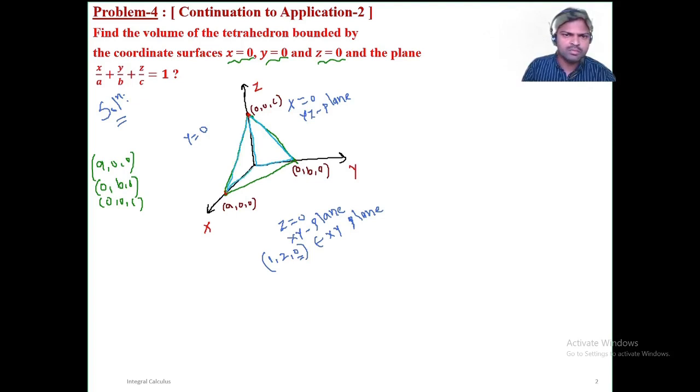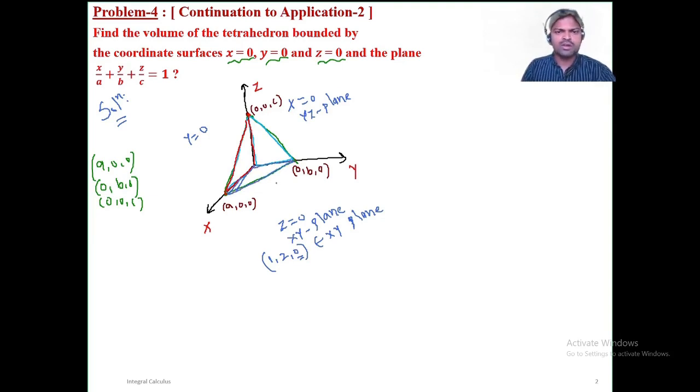Let me draw in a different color. The same plane intersecting z is 0 plane, therefore the common portion is this.